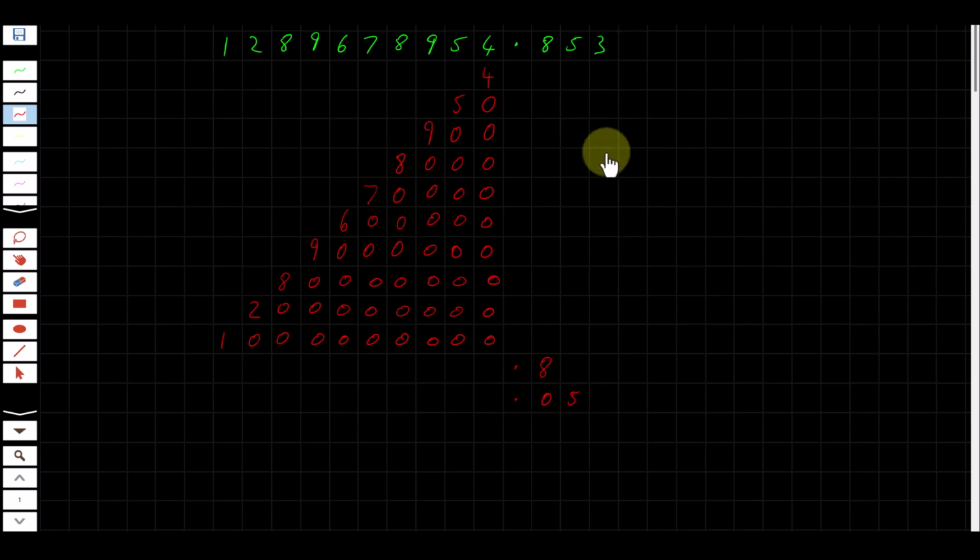The next column is the thousandths column. There are 3 of those, so there's 3 thousandths. So we can see here we've broken down this number into its parts. If we add all these numbers together in red, we will get this original number back in green.